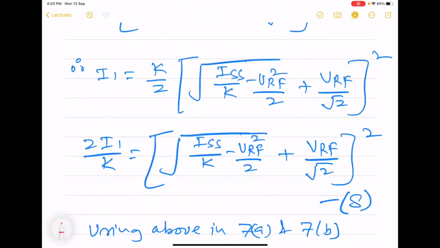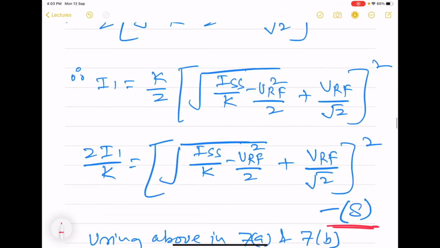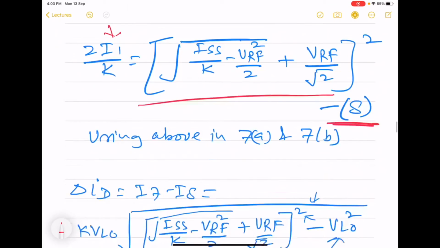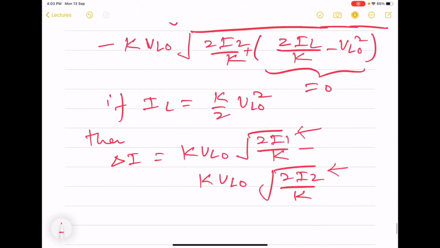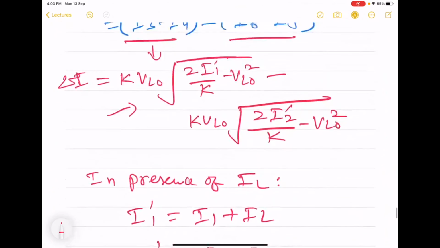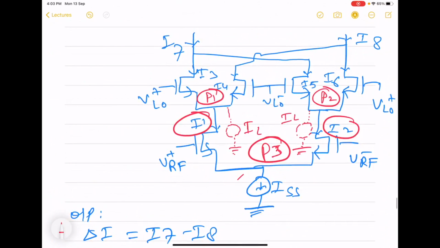Here using equation 8, we see that the drain current of a differential pair is written as a perfect square of the voltages and the tail current. So this type of expression we are now going to substitute in this I1 and I2, which are the drain currents for pair 3.